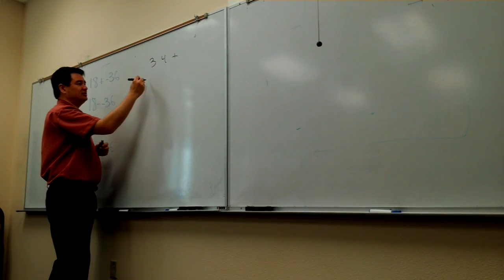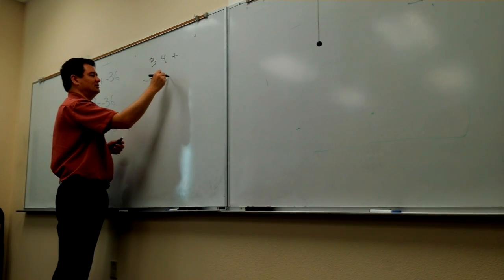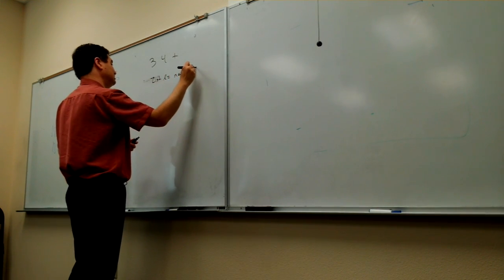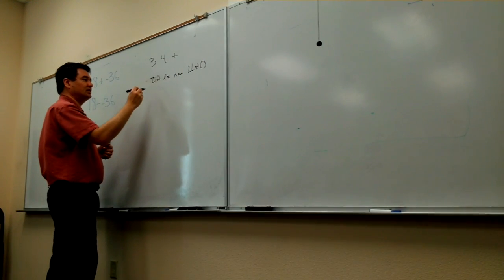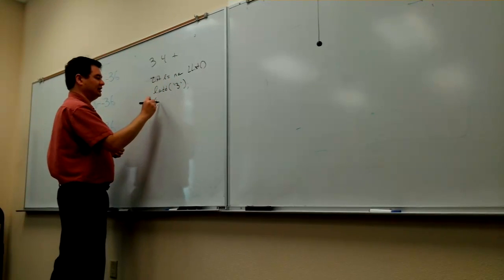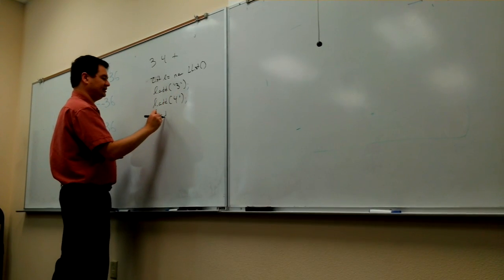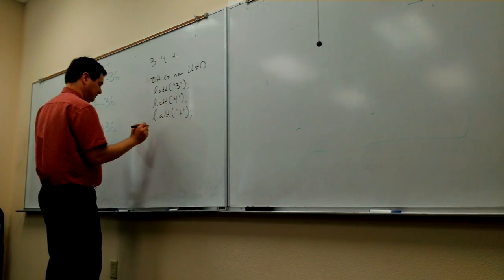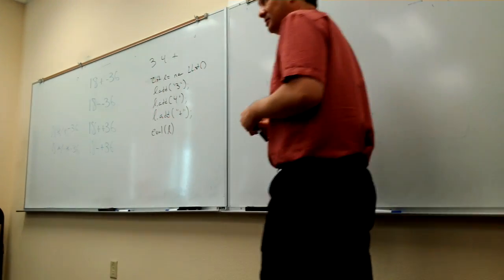To test this out, you go something like list L equals new L list, right? And then you go L dot add 3, L dot add 4, L dot add plus. And then you go eval L.